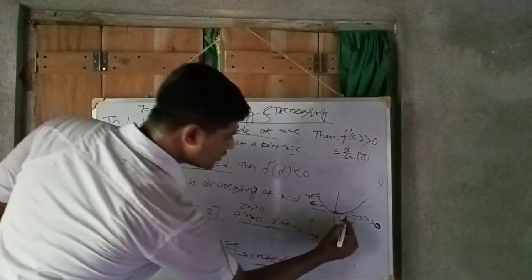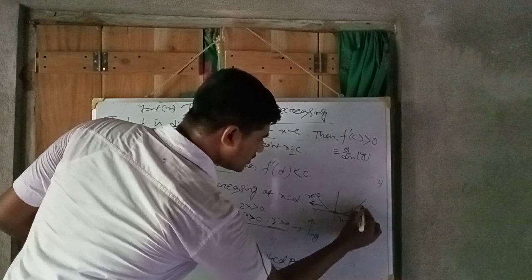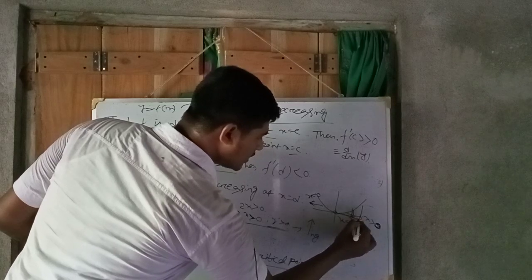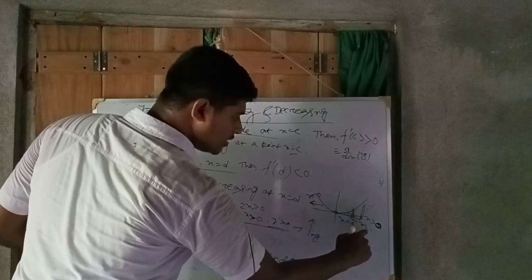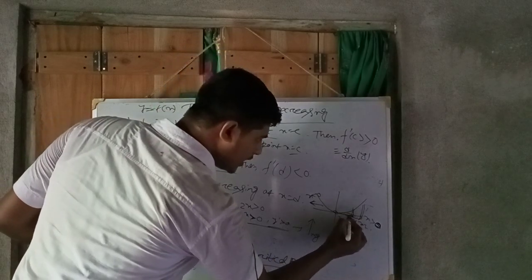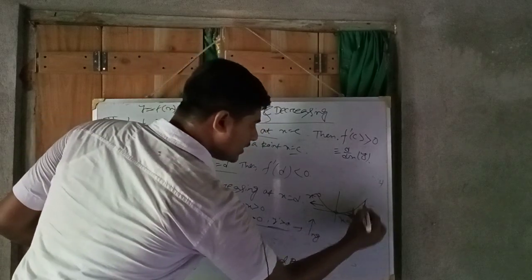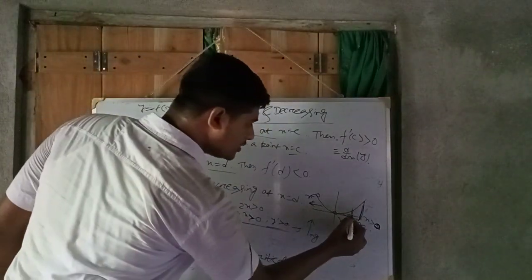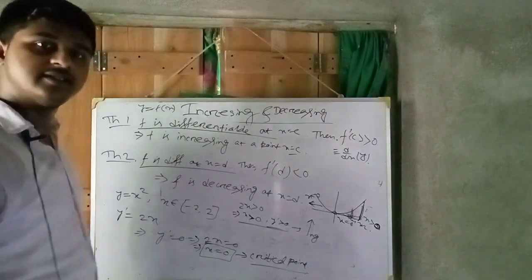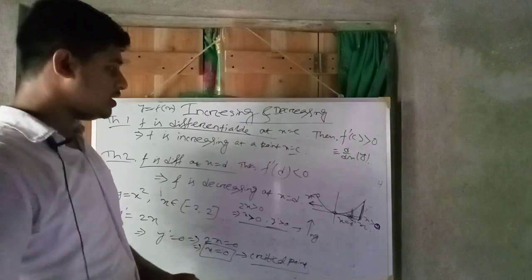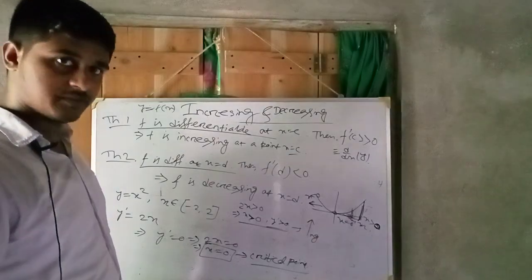When x is greater than 0, suppose here x1, suppose here x2, f(x1) and f(x2), which is greater? f(x2) is greater, because x1 is here and x2 is here. So f(x2) is bigger than f(x1). Okay. So this is actually the definition of increasingness, which we also discussed from the first and basic definition.